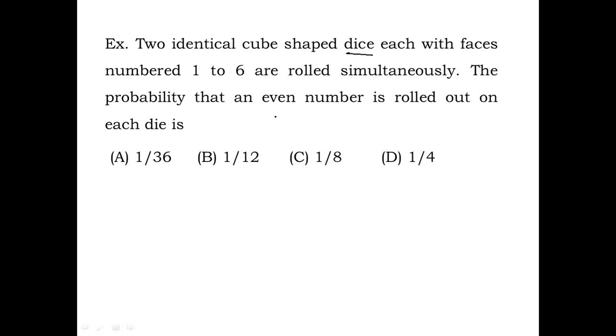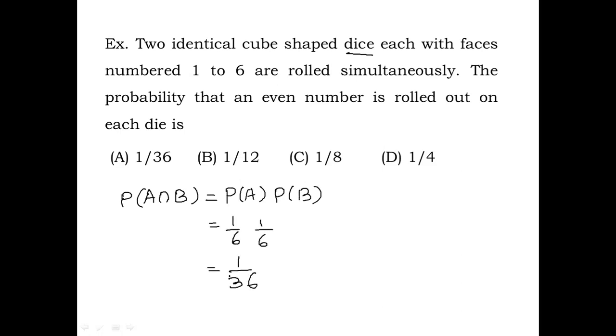Then the probability that an even number is seen on each die, so probability of A intersection B, being independent, is probability of A into probability of B. Probability of A is 1 by 6, probability of B is 1 by 6, and that is equal to 1 upon 36. A is the correct option.